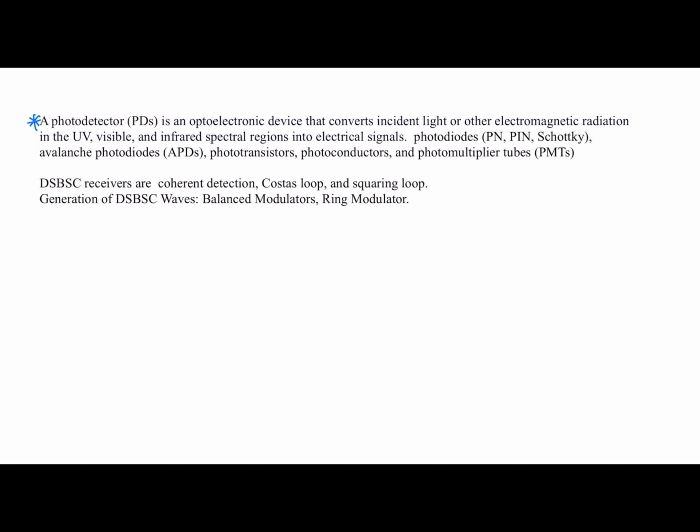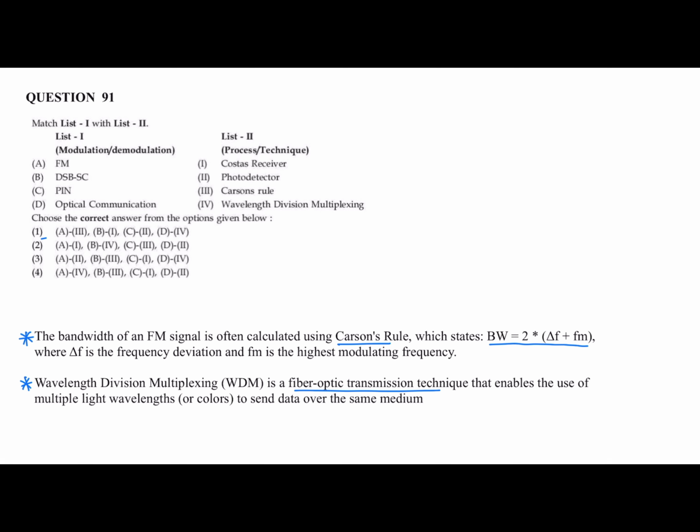Next, DSB-SC receivers, double sideband suppressed carrier receivers, use coherent detection, Costas loop and squaring loop, whereas DSB-SC modulators are the balanced modulator and ring modulator. So FM is related to Carson's rule, DSB-SC to the Costas receiver, and PIN is a photodetector.